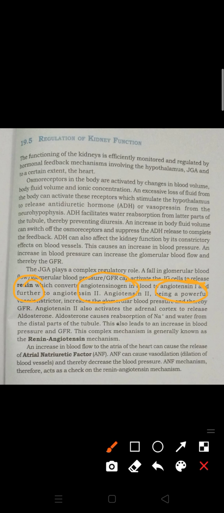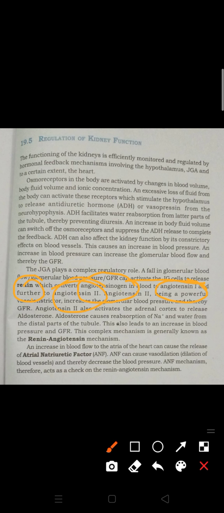Renin is secreted by our juxtaglomerular cells. Why is it released? Because of the fall of glomerular blood flow. Beta, when glomerular blood flow decreases and falls, at that time the juxtaglomerular cells release renin. This renin converts angiotensinogen to angiotensin first and then angiotensin second.